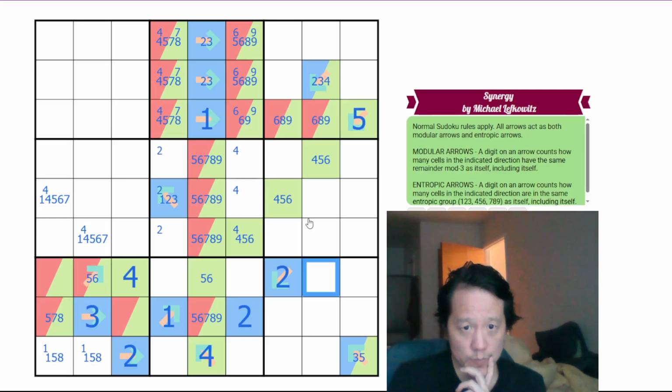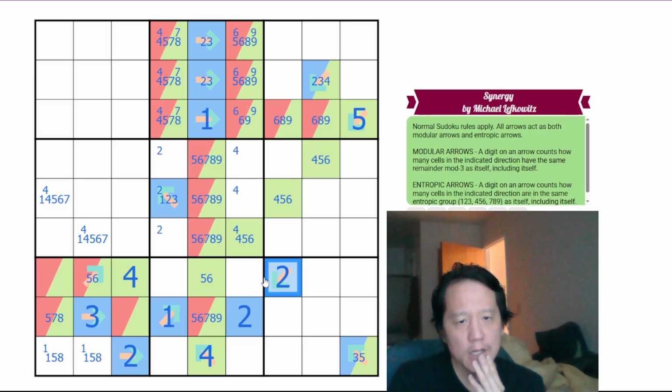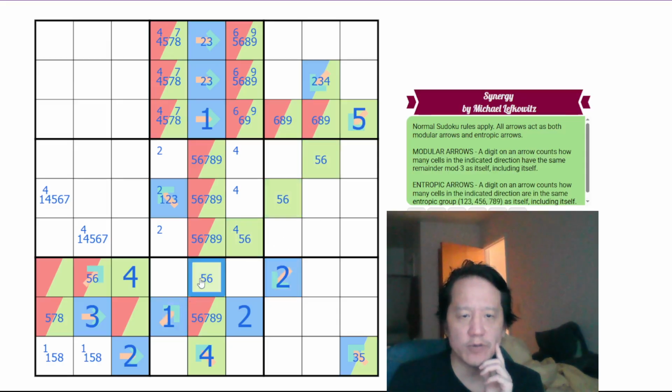Well, that's interesting. None of these can be 4 because they would all be the same. That would be the same entropic modular set as 1.